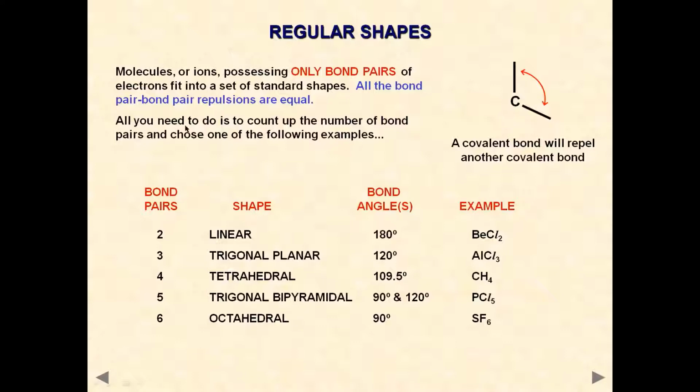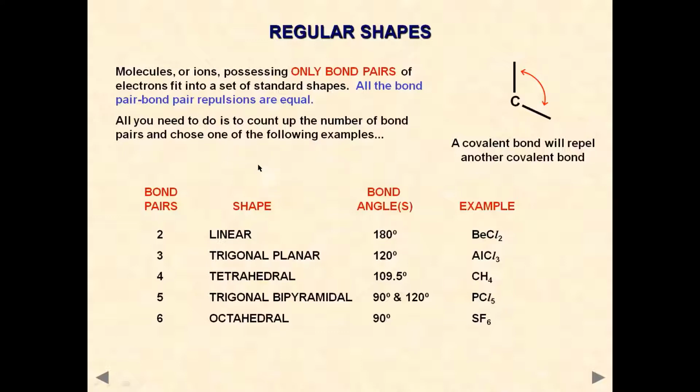So all you need to do is just count up the number of bonds around the central metal or central atom. It could be metal, could be non-metal, right? So if there are only 2 bonds around the central atom, like 1 bond and a second bond, the shape is always going to be linear.